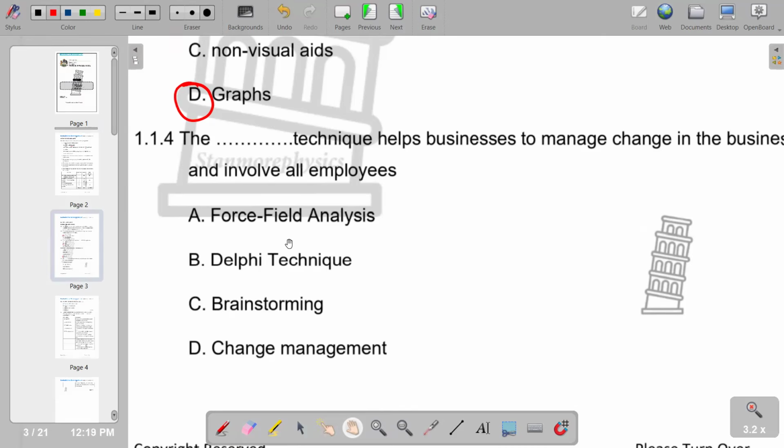The correct one is force field analysis. Basically, force field analysis helps you to weigh the pros and cons of a decision, and it helps you to think about what you need to do to make change successful. So that is the most appropriate for number four.